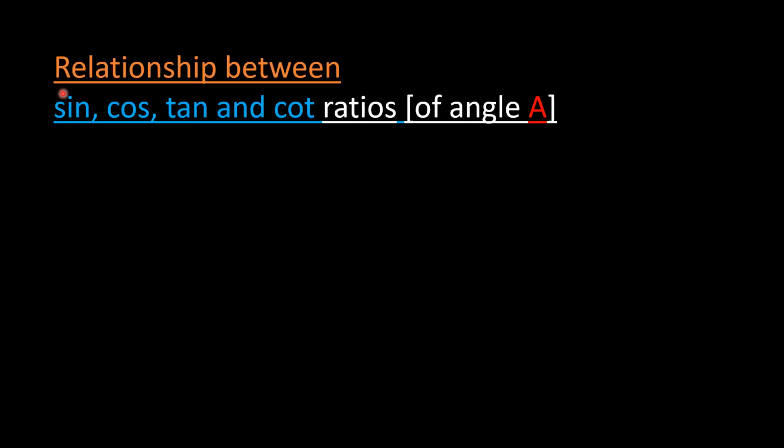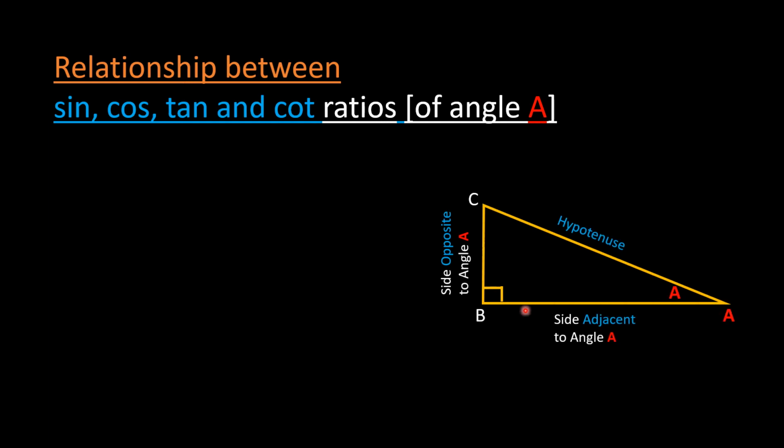Let us understand the relationship between sine, cos, tan and cot ratios of angle A. We have right triangle ABC, where the side opposite to angle A is BC and the side adjacent to angle A is AB.